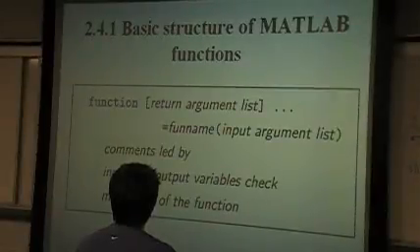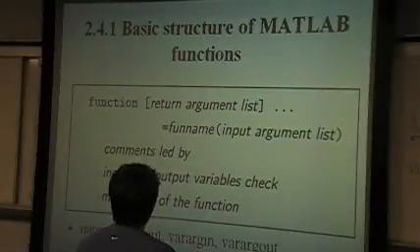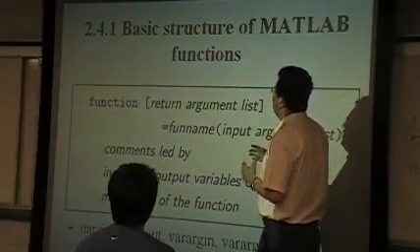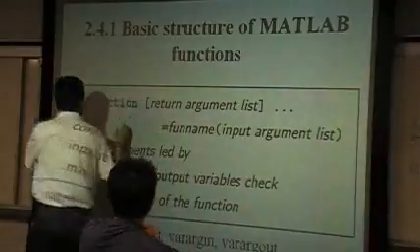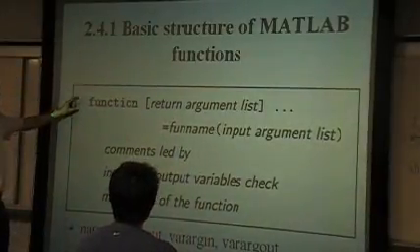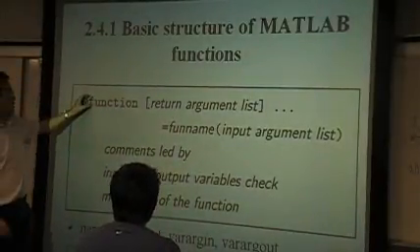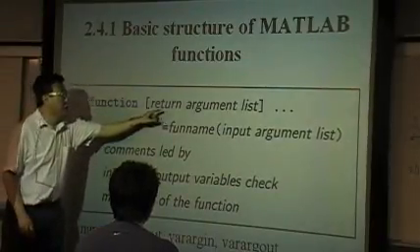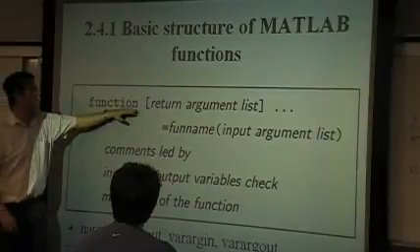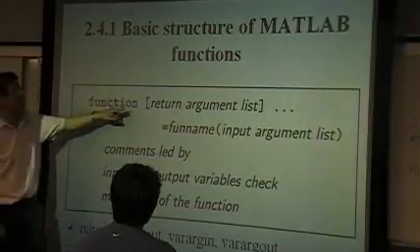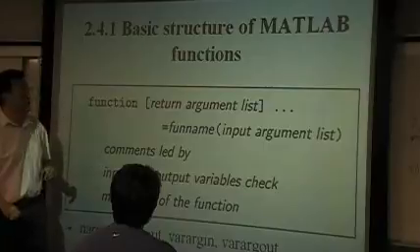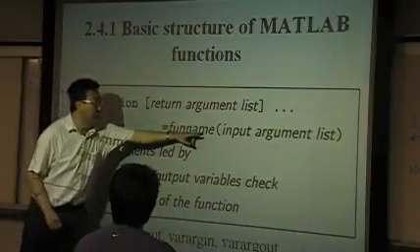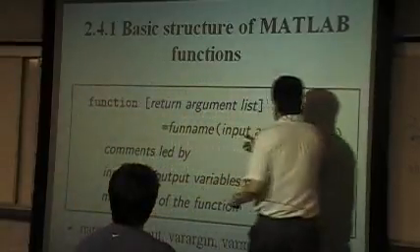So let's consider the structure of Matlab functions. The function structure is initially expressed with the first sentence using the keyword function, and then there is a list of returned arguments, and then the function name, and then the input argument list.